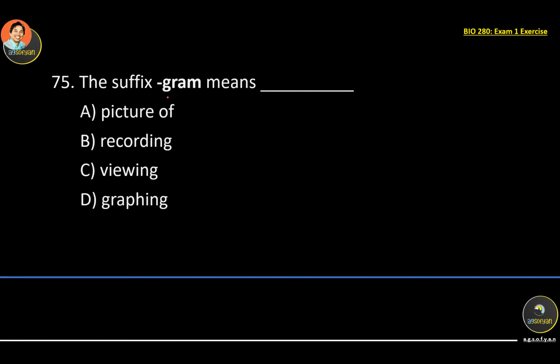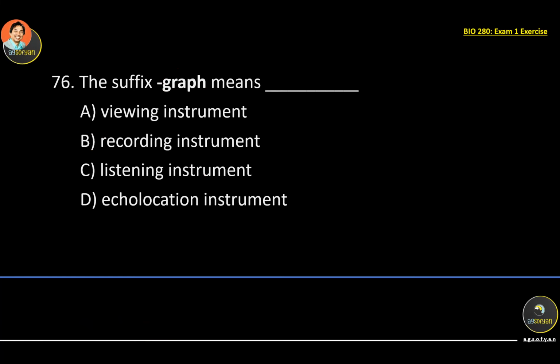The suffix gram, gram means A, B, C, or D. So gram means recording. Okay, this is for recording. And then graph. So gram is recording, but the graph is the instrument. The instrument for recording.